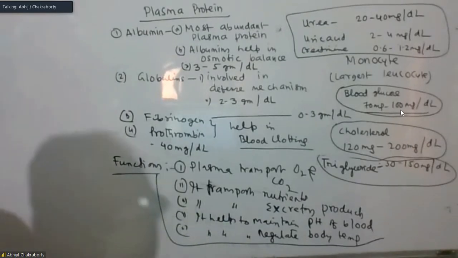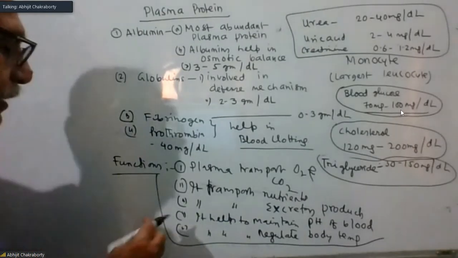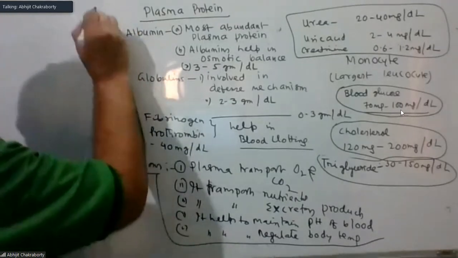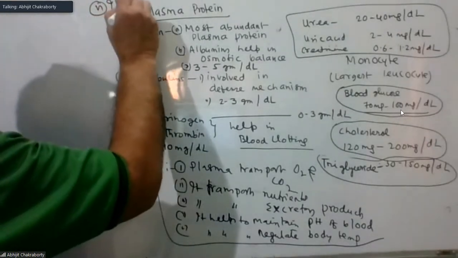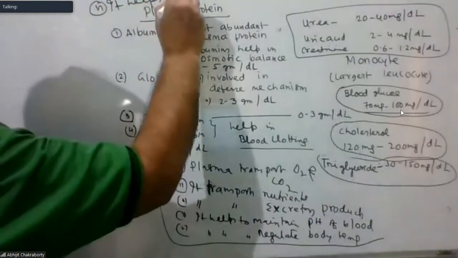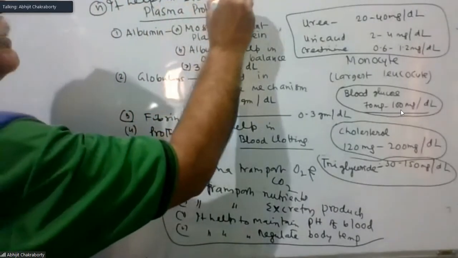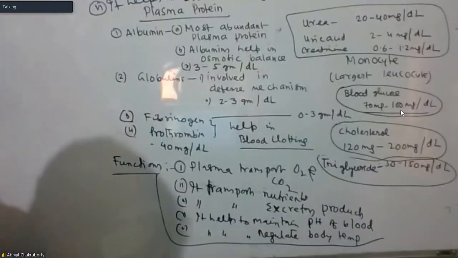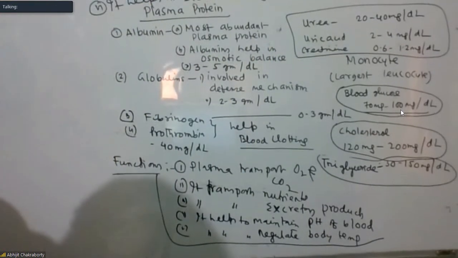Helps in blood clotting. You can write also helps in blood clotting. Next point, 6. It helps in blood clotting. Clear? These are the main functions of plasma.